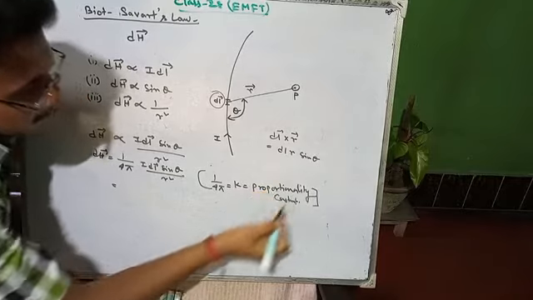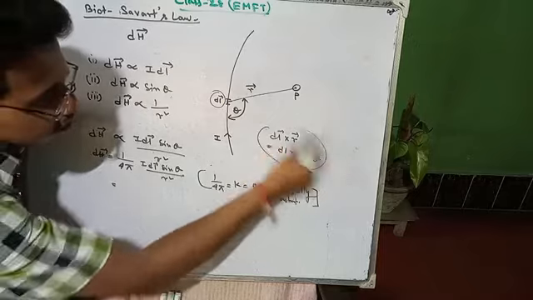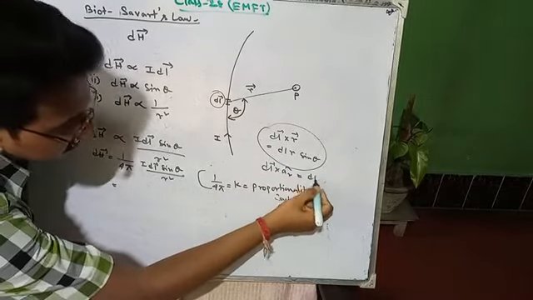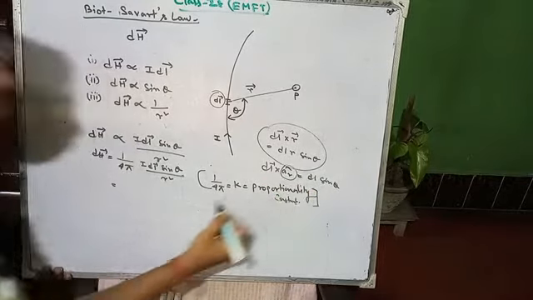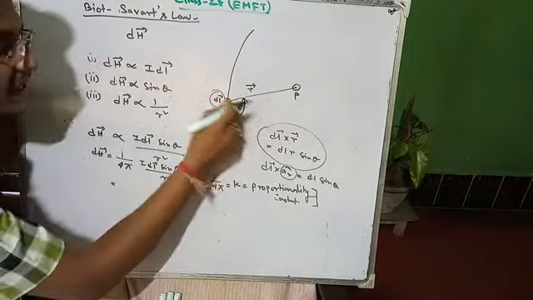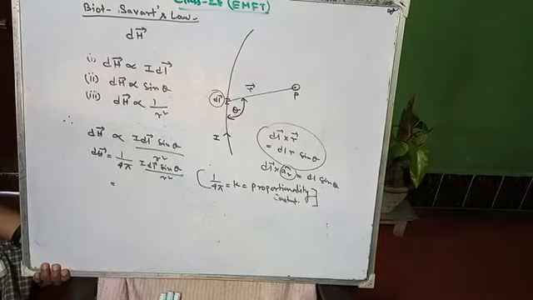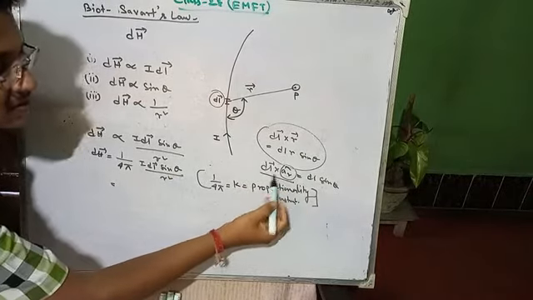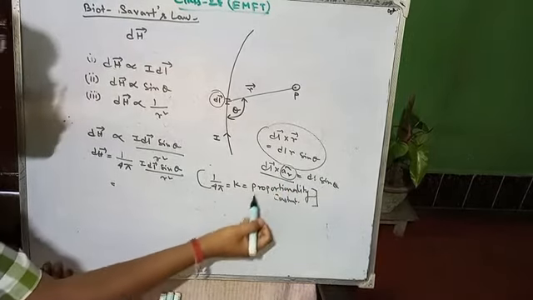But here r is absent, so dl cross ar cap can be written as dl sin theta. Why? Because ar cap is the unit vector along the r direction, and the magnitude of this unit vector is always 1. So dl into 1 into sin theta.